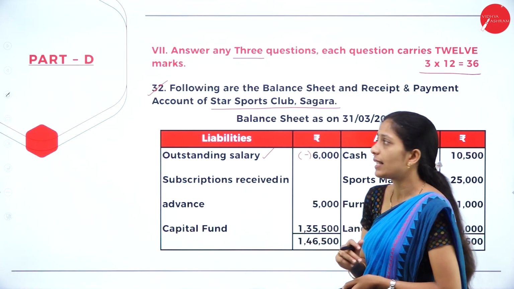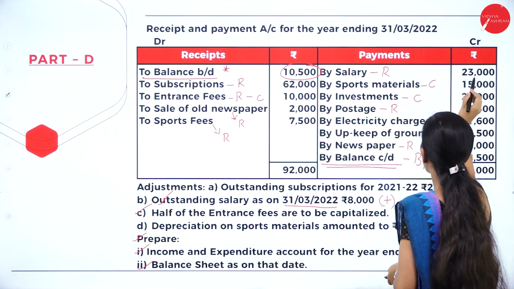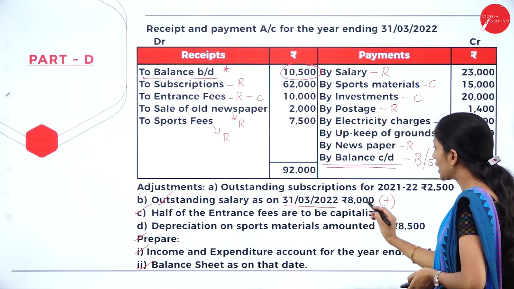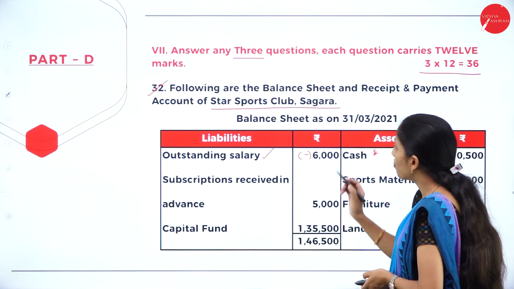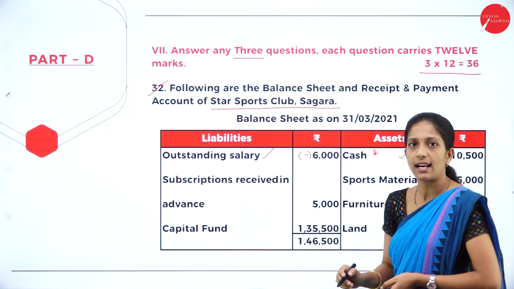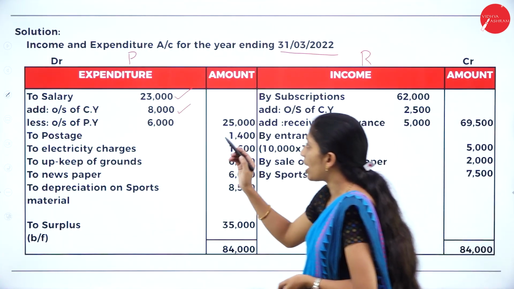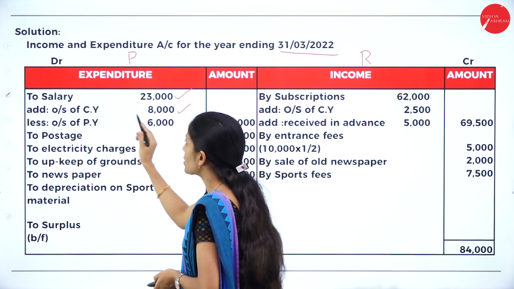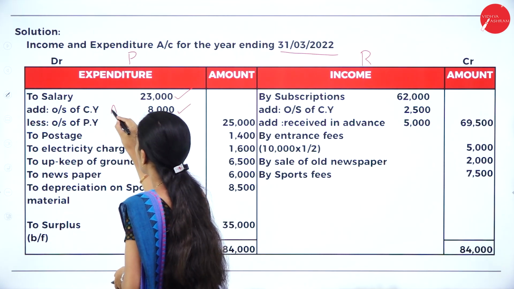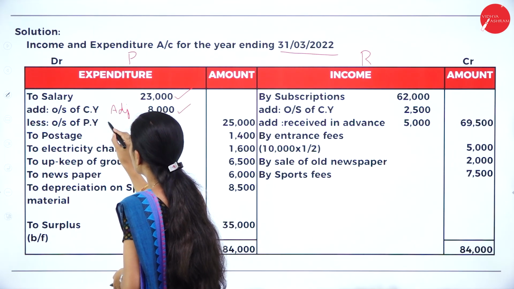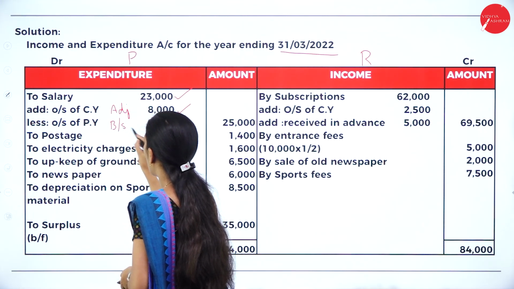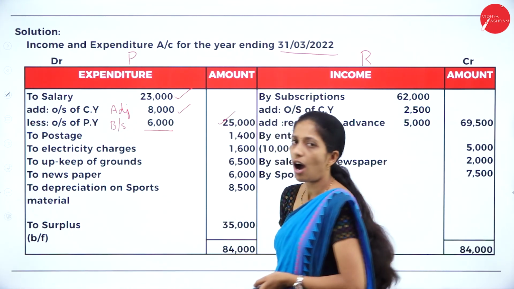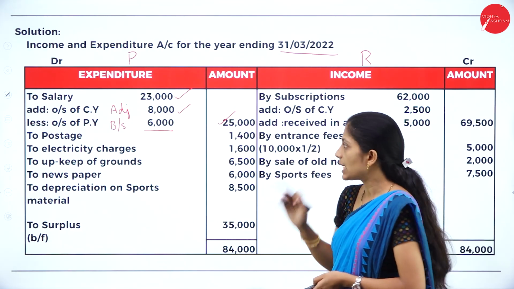So salary 23,000, add outstanding current year 8,000, minus outstanding of previous year 6,000. This was in the adjustment and this was in the balance sheet, so we have to minus right in the outer column. Hope you are clear with salary.